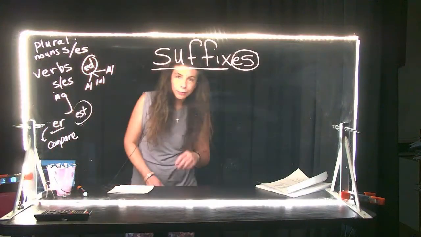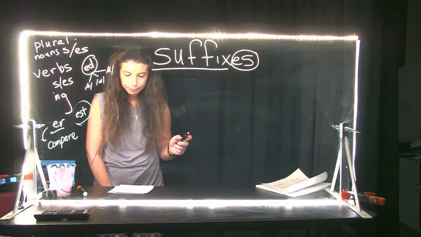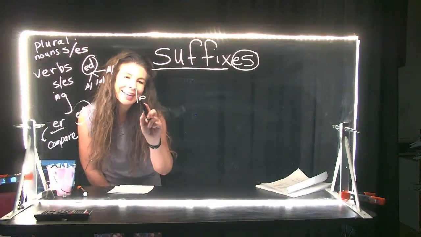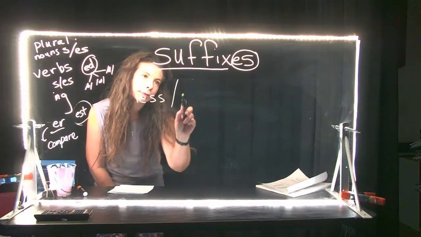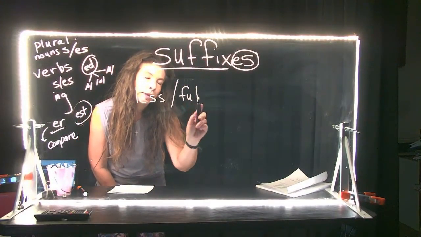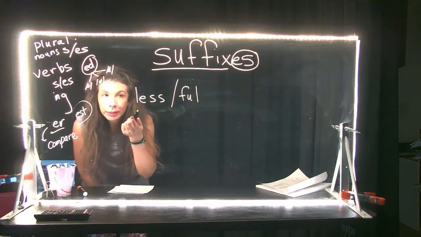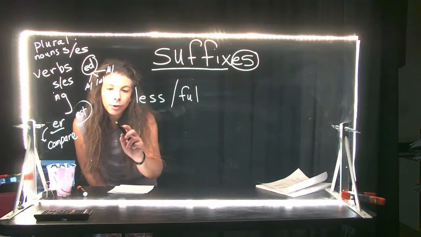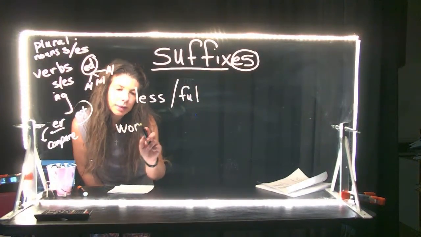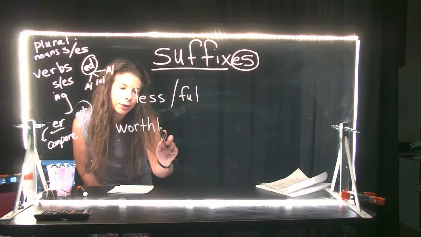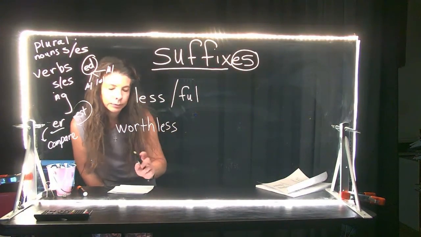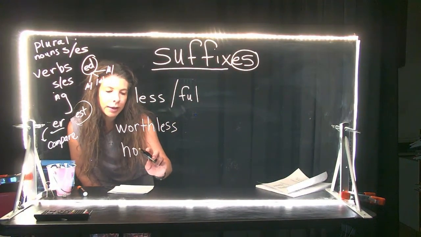We have a few more suffixes to go through, third grade. One is less and full. Less means you do not have something. If something is worthless, it means it has no value. Homeless means you have no home.